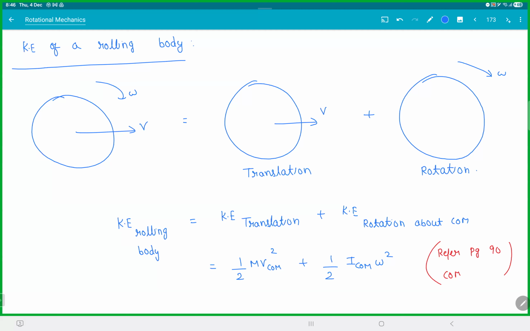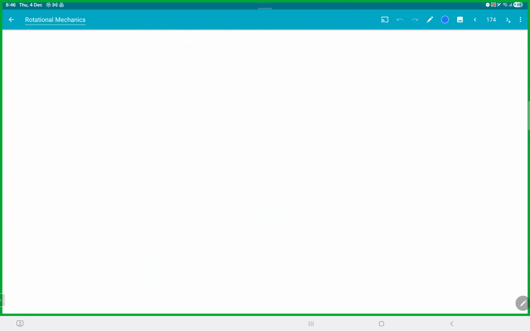So the actual formula goes like this. We define something called degrees of freedom. Basically, this tells you the number of independent ways in which a system can possess energy, or the independent ways it can have motion.